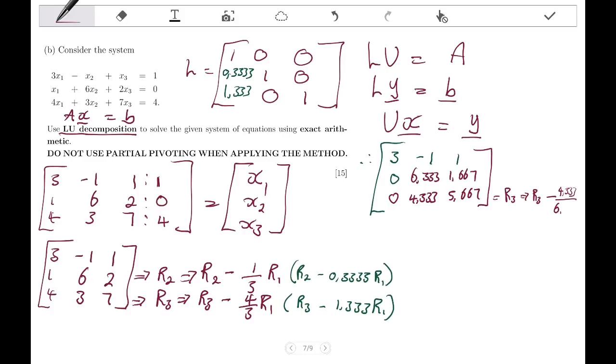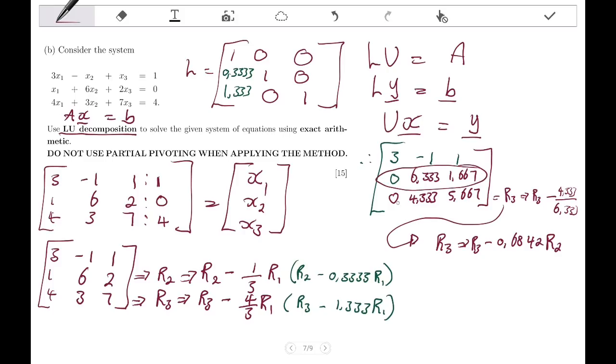You know how it's going to be. R3 tends to R3 minus, so this divided by that, because I took this, then divided by that to get the multiplier. Then to get the multiplier, I will get 0.6842. Now I multiply it by row 2, because I would use row 2 to reduce row 3.